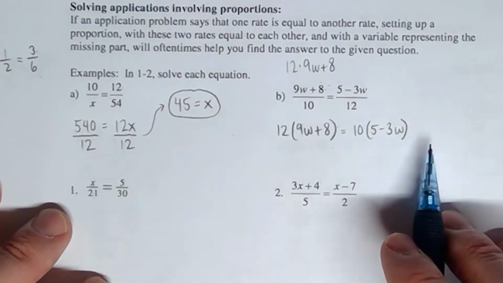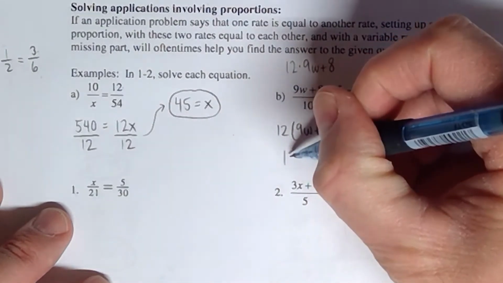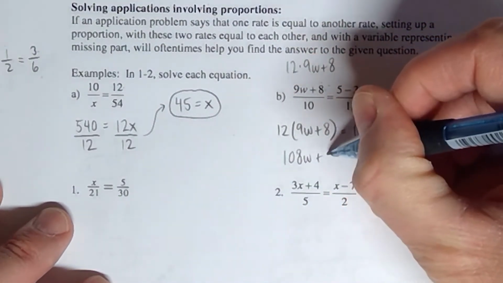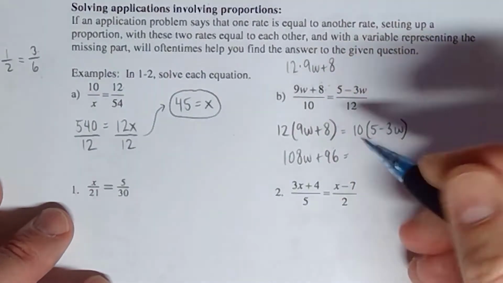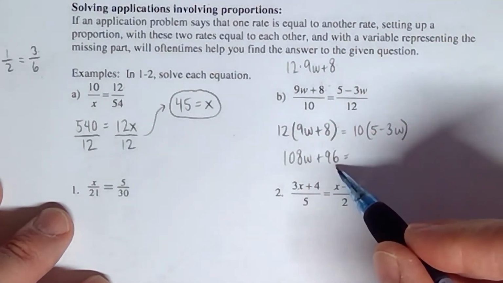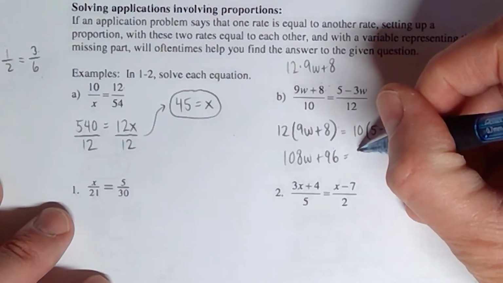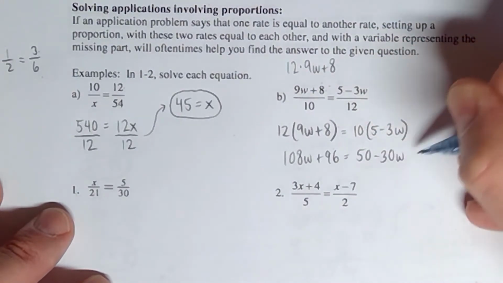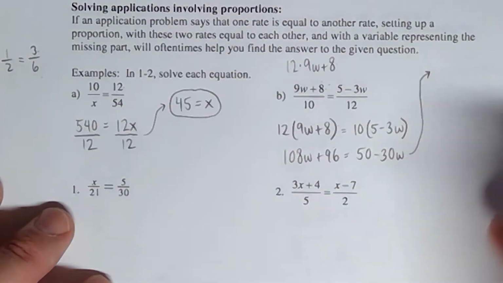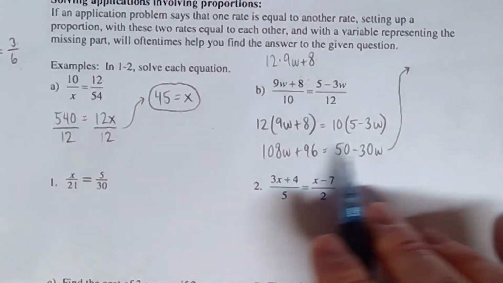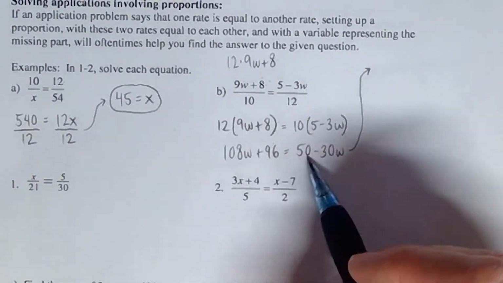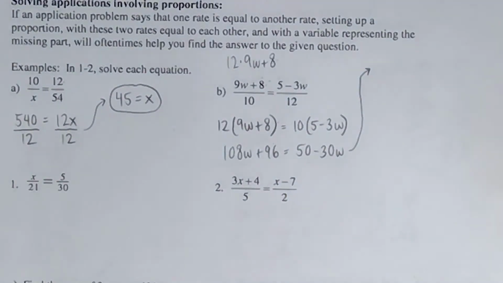This creates a linear equation again, and as you guys know, when we have a linear equation, we clear out the parentheses first by distributing. So I'm going to distribute the 12 here, and then I'm going to distribute the 10 on the other side of the equation. I then need to move the w terms to one side, and I need to move the two terms that don't have the w in it to the other.